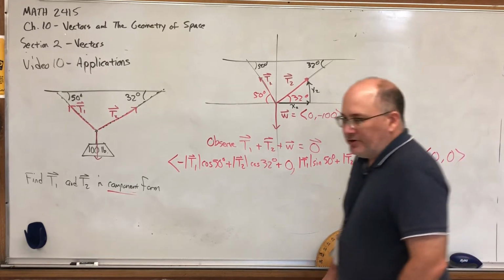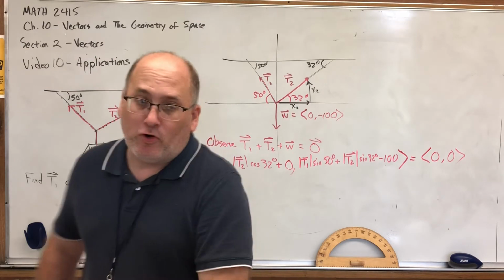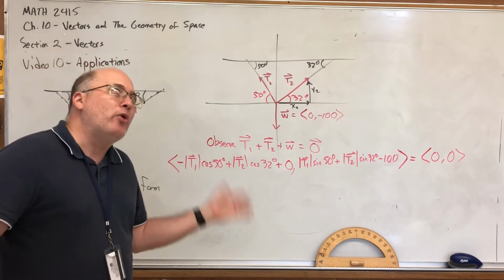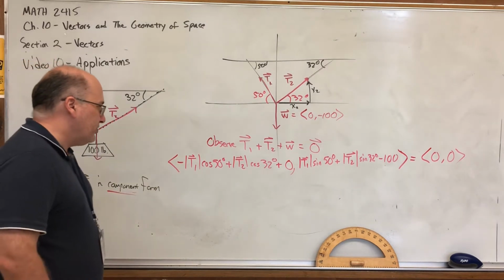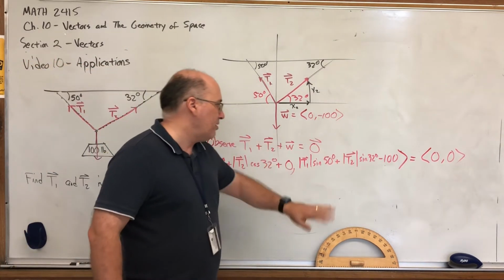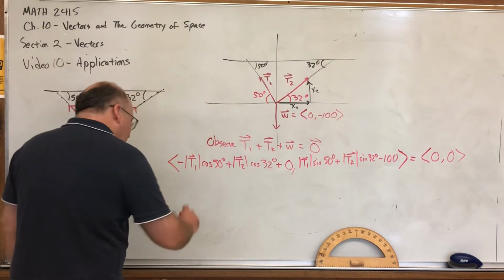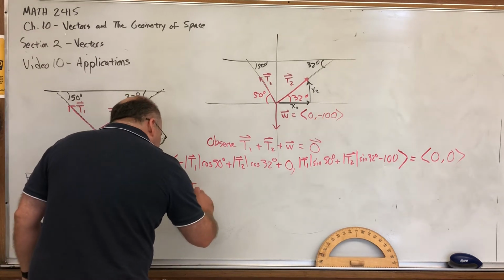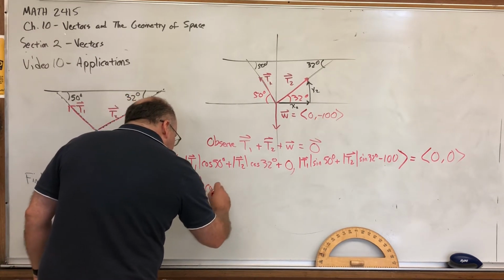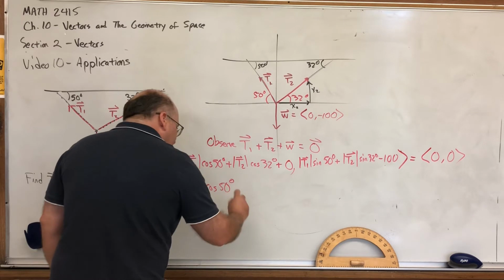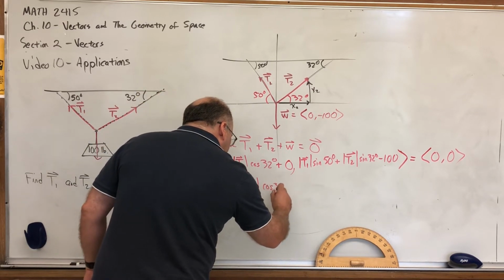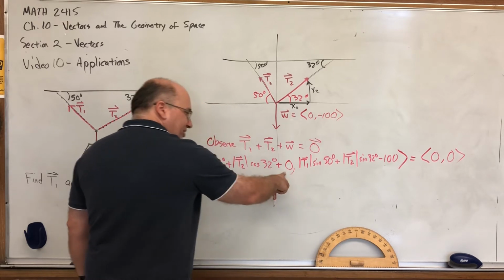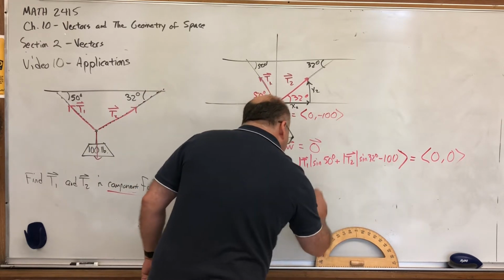Now we have one vector equal to another in component form, and the only way two vectors in component form can be equal is if all of their components are equal. So now we can set this component equal to 0 and this component equal to 0. We have negative magnitude of t1 cosine of 50 degrees plus magnitude of t2 cosine of 32 degrees plus 0, so that's gone, is equal to 0.